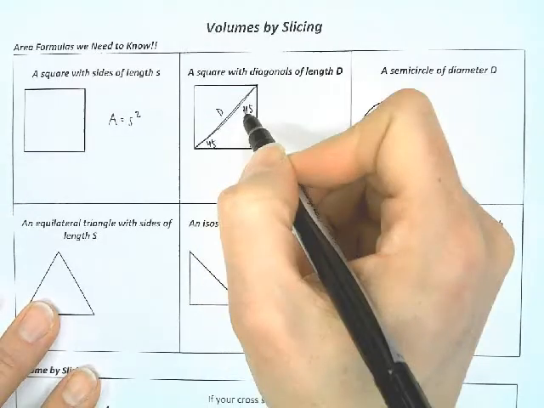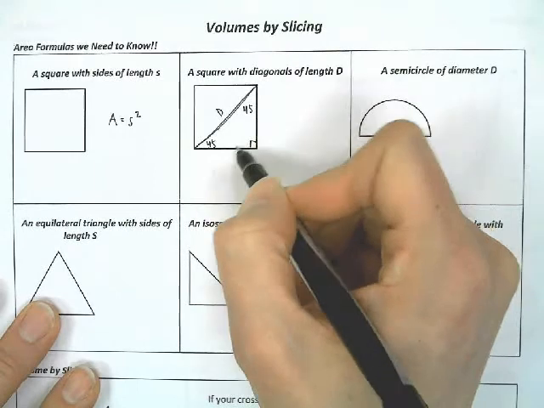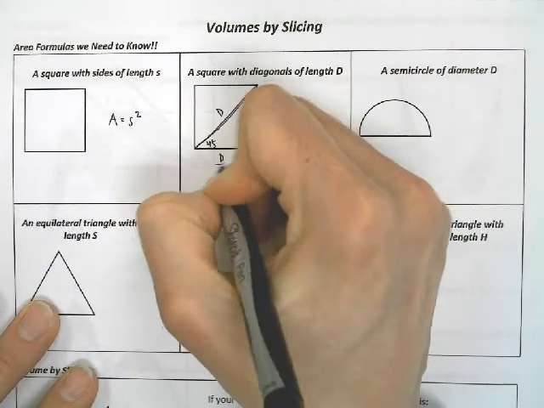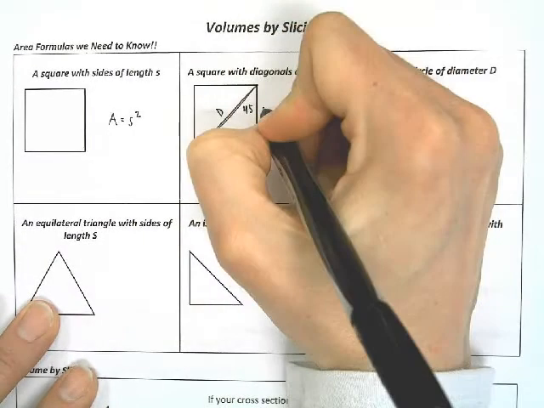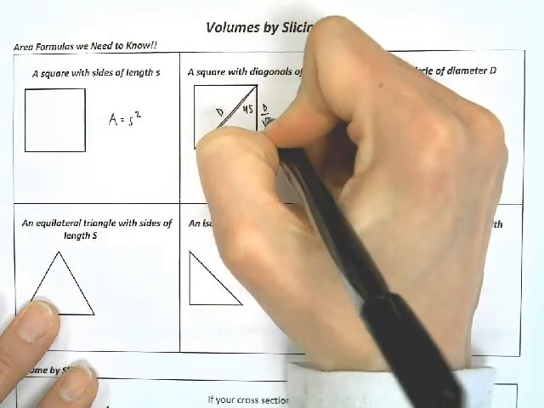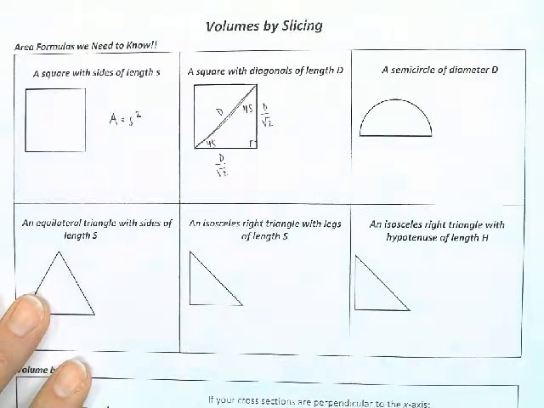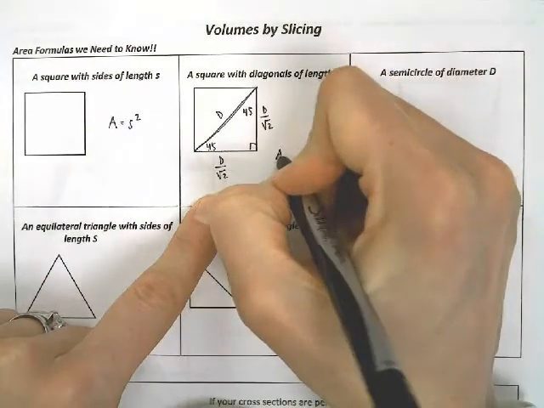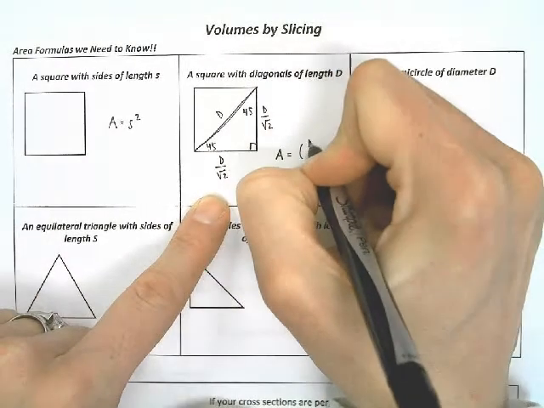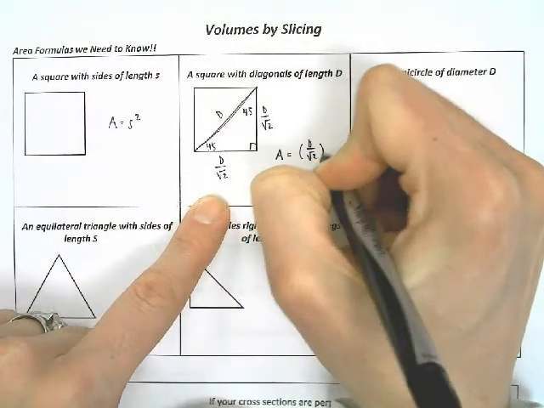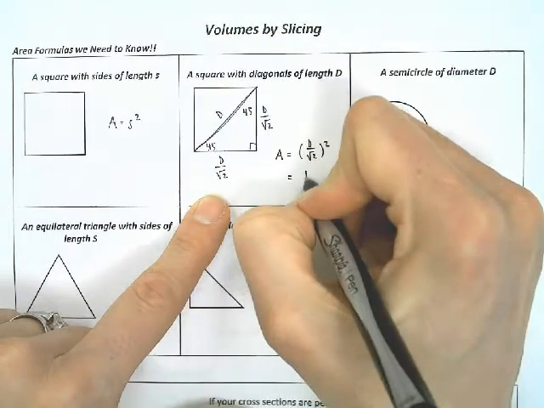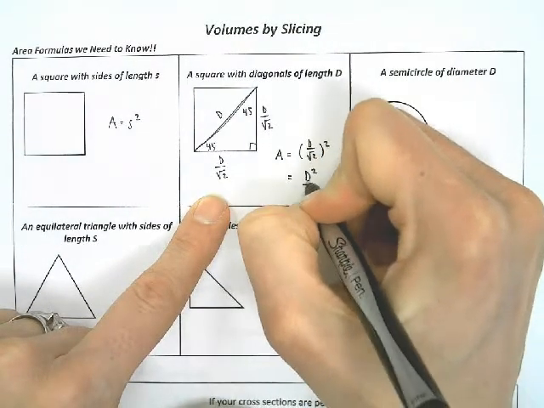So if my diagonal is d, it means these other two legs of my triangle, and a 45, 45, 90, would be d over the square root of 2. So now, if my side length is d over root 2, I have area equals my side length, d over root 2 squared, which is going to give me d squared over 2.